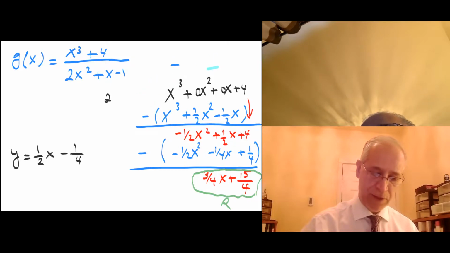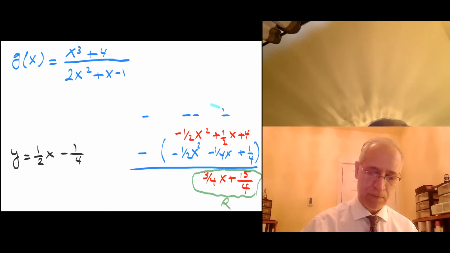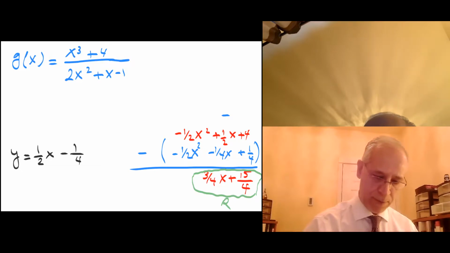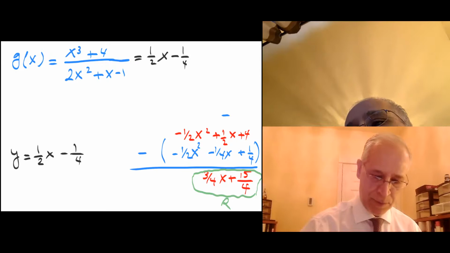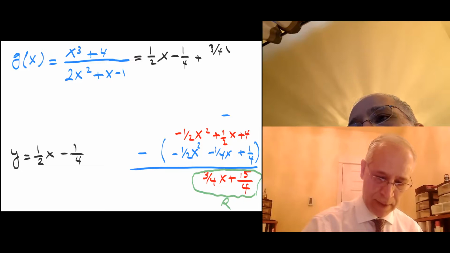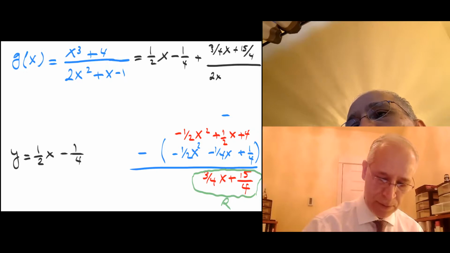So after the division, after using long division, g of x equals 1/2 x minus 1/4, and then the remainder, which was plus 3/4 of x plus 15/4, all over 2x to the second plus x minus 1.